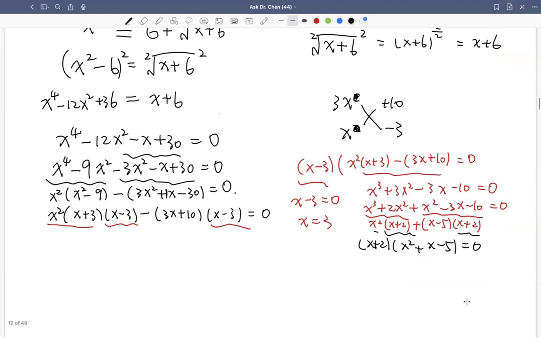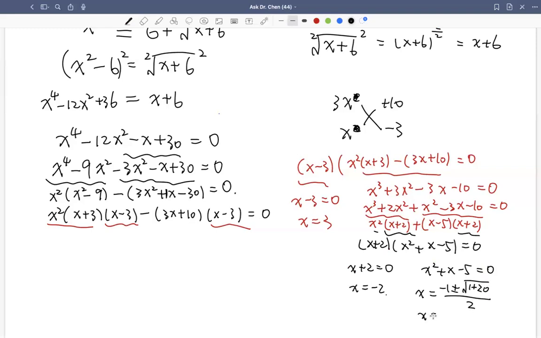Again, we can use the zero property. x plus 2 can be 0, that means x equals negative 2. Well, the second factor might be 0. So this one will need the quadratic formula or completing the square. x equals negative 1 plus or minus the square root of 1 squared minus 4 times negative 5, which means 1 plus 4 times 5, 20, then divided by 2.